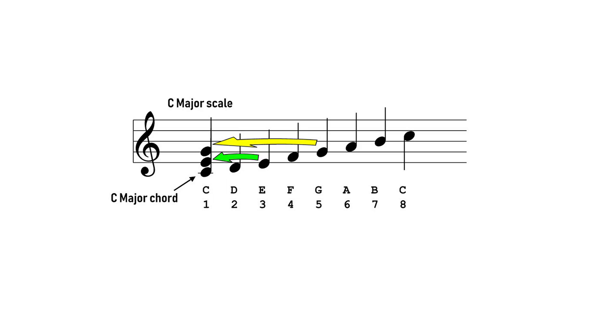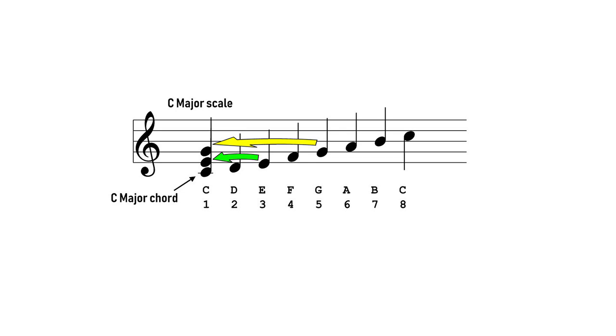So for example, the C major chord can be created by applying the formula 1, 3, 5, selecting the first, third and fifth notes of the C major scale and effectively piling them up on top of each other like this. And already here you can begin to see the two dimensions we are discussing.